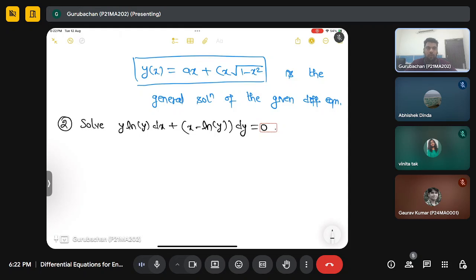In the same way you have to do it for this question, but there is a key point: in the first question we treated y as a dependent variable and x as an independent variable. Here you need to treat x as a dependent variable and y as an independent variable. Then it will be easy to solve, or you can convert it into the standard form.